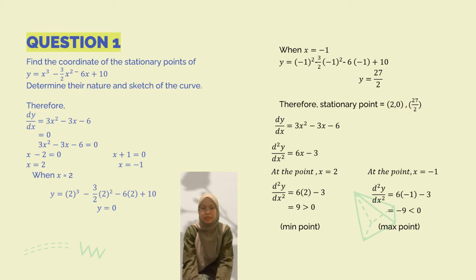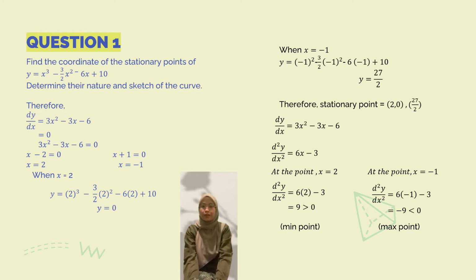So we replace x in brackets: y equals (2)^3 minus 3/2 (2)^2 minus 6(2) plus 10. So we get y equals 0.